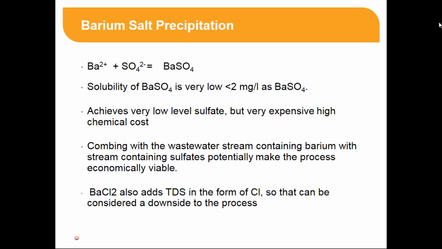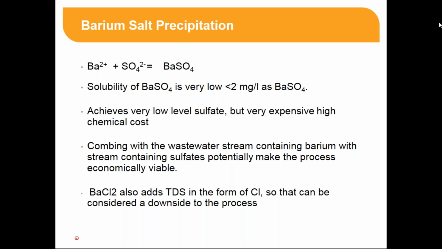So the next process is the barium salt precipitation process. In the barium salt precipitation process, barium reacts with sulfates to form barium sulfate. Most of you know that barium sulfate has a very, very low solubility limit. It's less than 2 milligram per liter as barium sulfate.